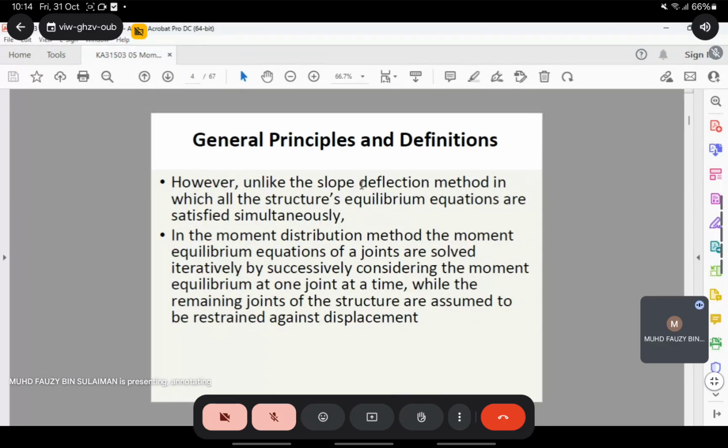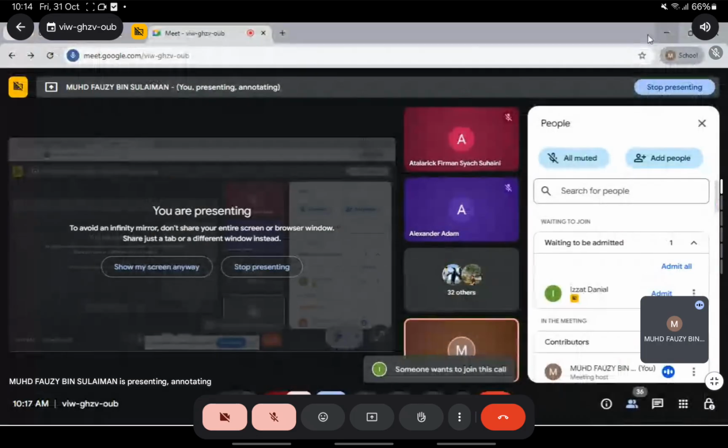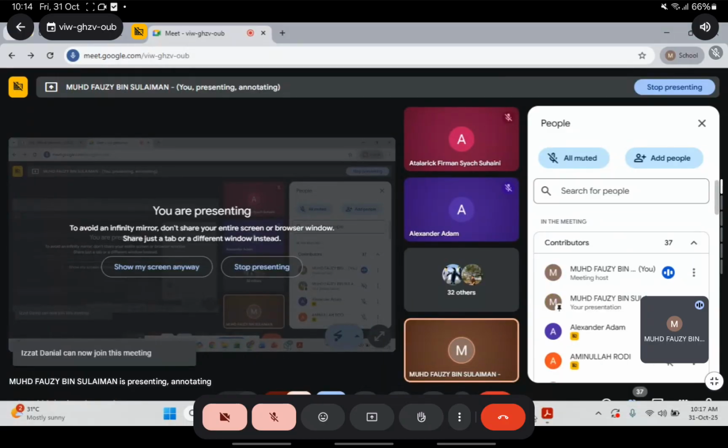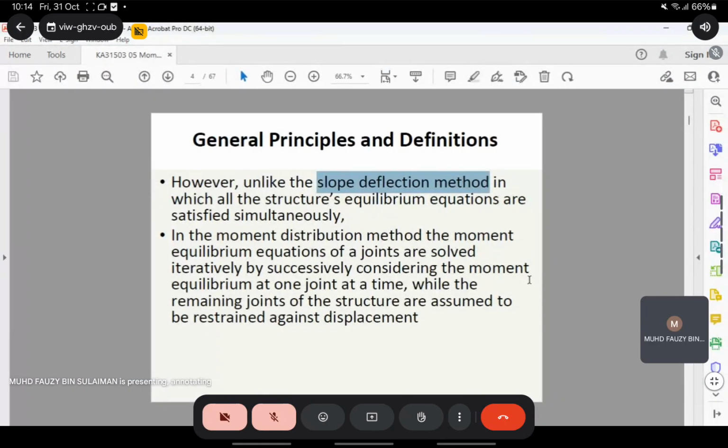Unlike the slope deflection method, that's why I said if we jump one of the methods that we should cover first, there is something missing and you might be a bit confused. But no worries, I will try my best to make you understand in a better way.